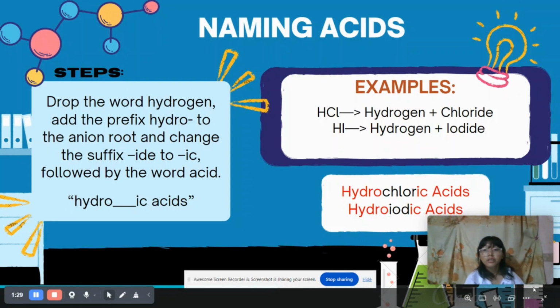Then for hydrogen iodide, we need to add hydro, and then we need to get the anion root, which is iod, and then we change the "ide" into "ic". So hydroiodic, and then we add acid, hydroiodic acid. That's how you name an acid.